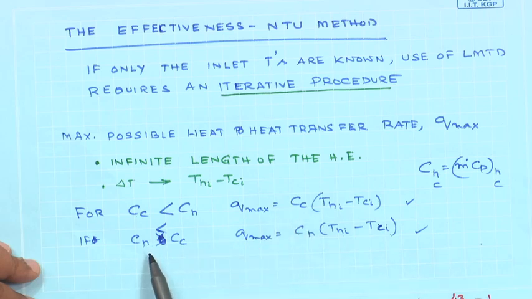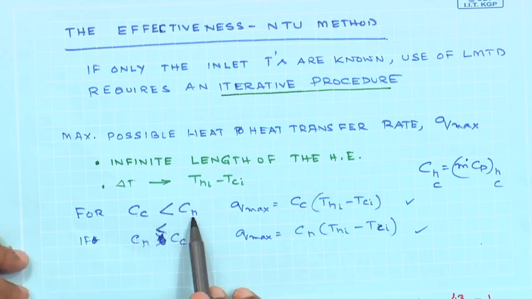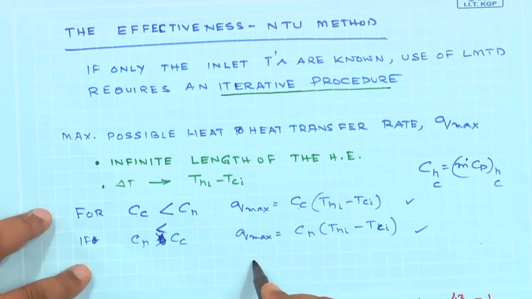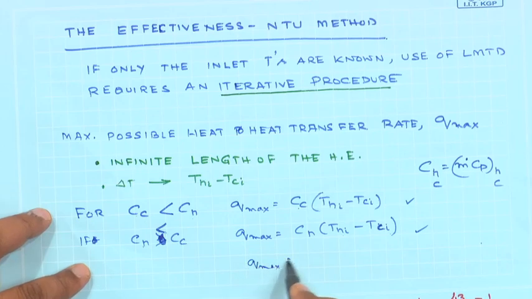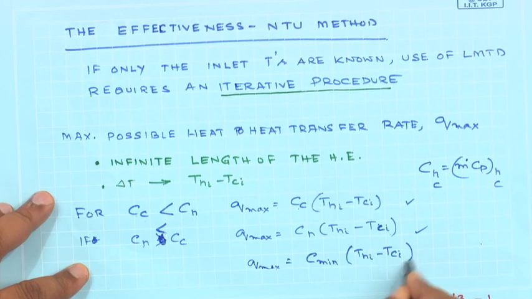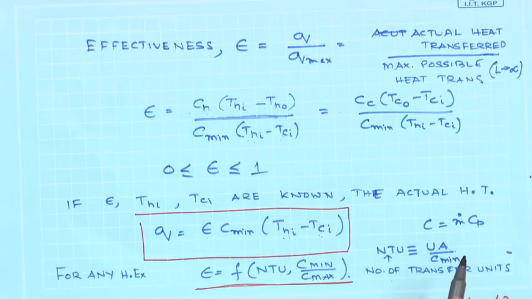And similarly, the simple logic would tell me that whichever is the lower of the capacity between the cold and the hot, the Qmax is simply going to be the capacity of that one which is the minimum. So, I can write Qmax as equal to C minimum times Thi minus Tci. So, this is the maximum temperature drop that can take place. So, Qmax is simply going to be related by this.